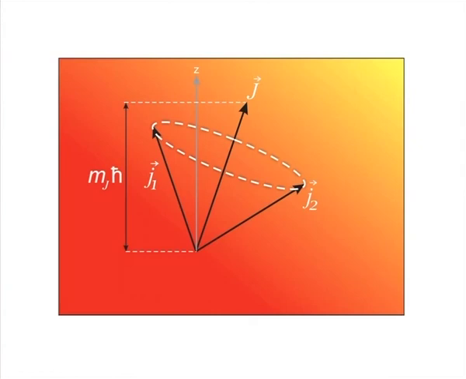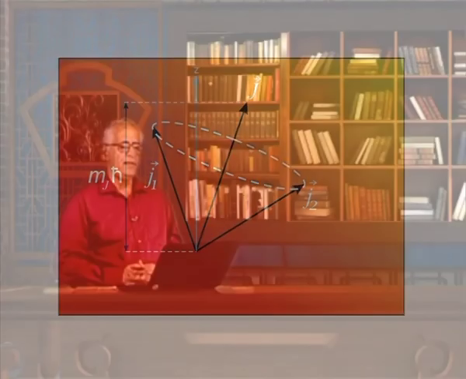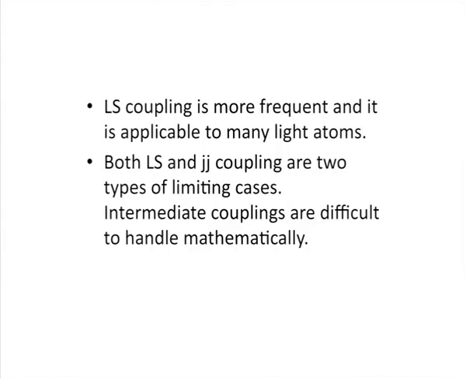For a given J, it will take the values minus J to plus J times h bar, spaced by unity. Now, LS coupling is more frequent and it is applicable to many light atoms.